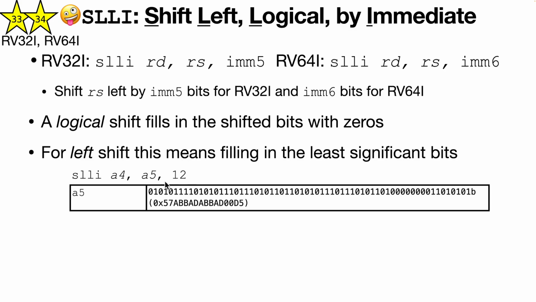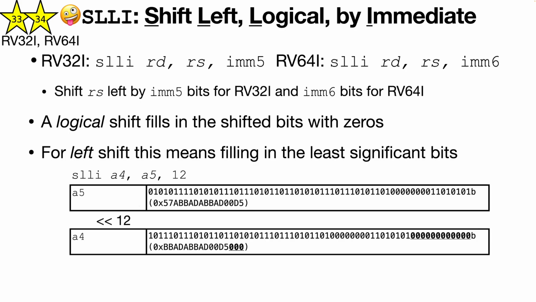Let's assume that when this assembly instruction is about to be run, we have A5 holding stabba-dabba-doods again. And we are then going to shift it left by 12, and that yields the following result. 12 bits at the bottom are set to 0. These bits from the least significant bits are shifted up by 12 bits, so what was bit 0 becomes bit 12, and the bottom bits 0 through 11 are now all zeros.